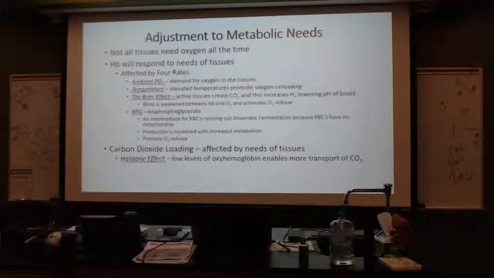So, goal, meet my metabolic needs. So, that tells me that when I was sitting, my skeletal muscles didn't need that oxygen. It got decreased in need. But now that I'm back up moving, they need it again. And here's the cool thing.